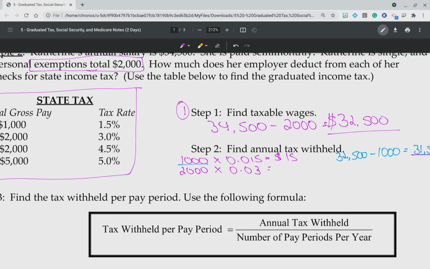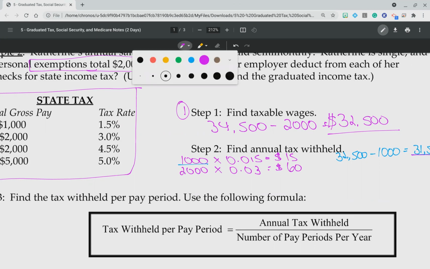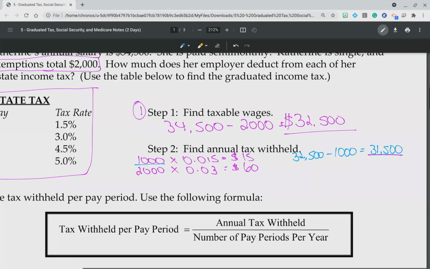All right, so for that $2,000, I am taxed $60. And then I'm going to do the same thing I did before. I had $31,500 left, and I was just taxed on another $2,000. So left, I have $29,500.